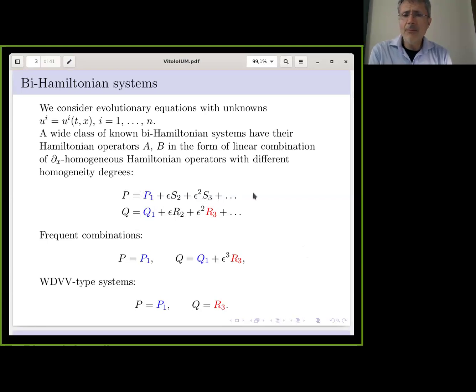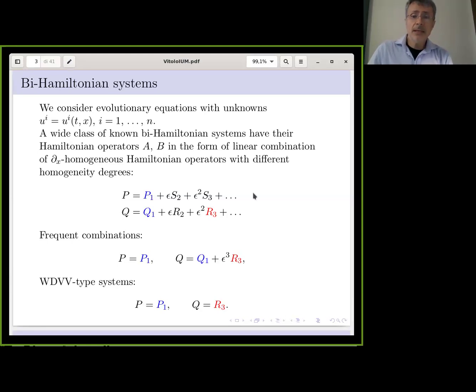In concrete examples, we see a lot of times that a Bi-Hamiltonian pair is a pair of two Hamiltonian operators, where one is, for example, of first homogeneity degree, and the other has mixed homogeneity degree, and is indeed the sum of two operators of different homogeneity degrees.